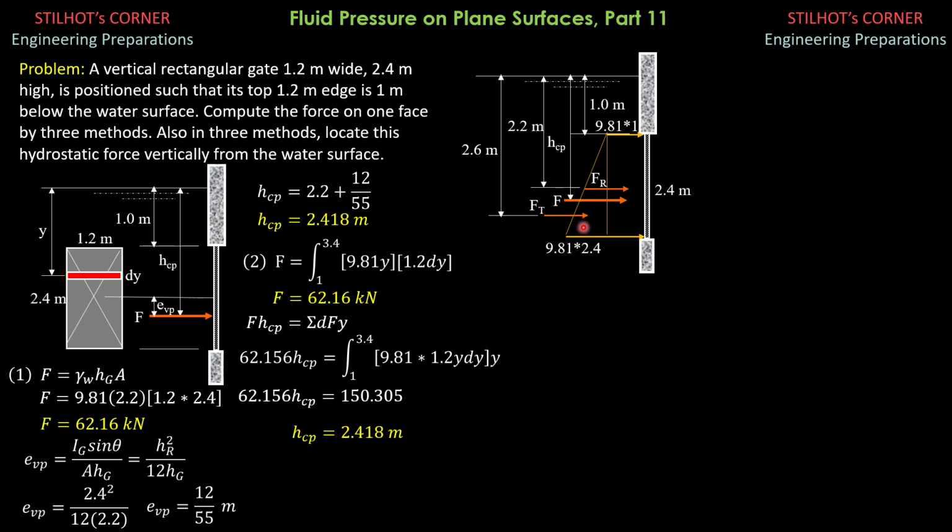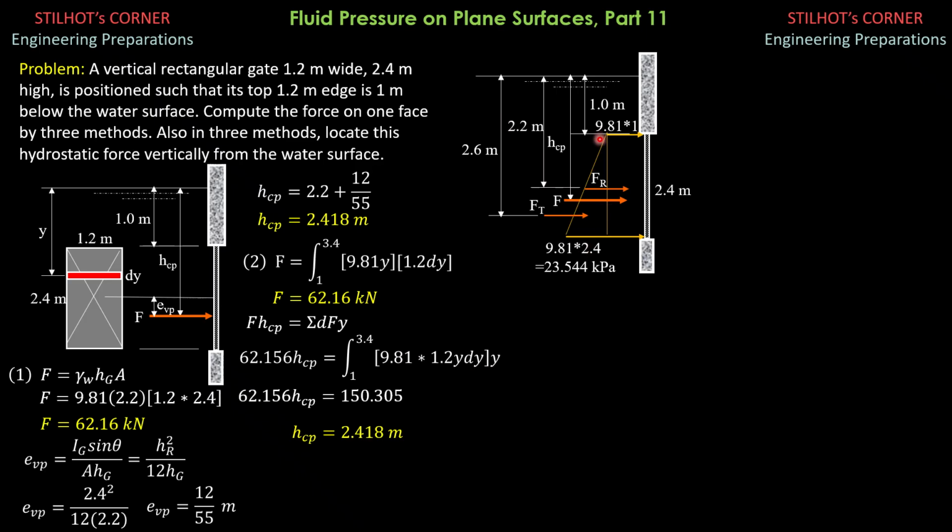Likewise, for the triangular force, the centroid of a triangle is 2/3 from the vertex. 2/3 of 2.4 is 1.6. So 1 plus 1.6 is 2.6. That's the line of action of F_T. So F is F_R plus F_T.